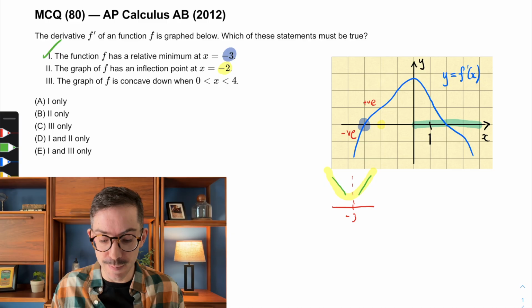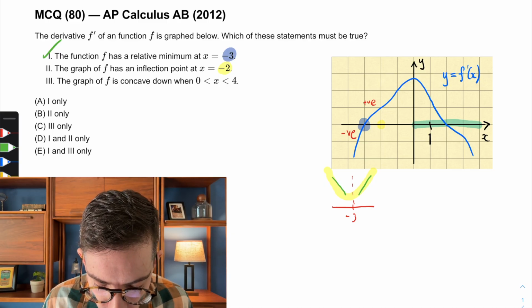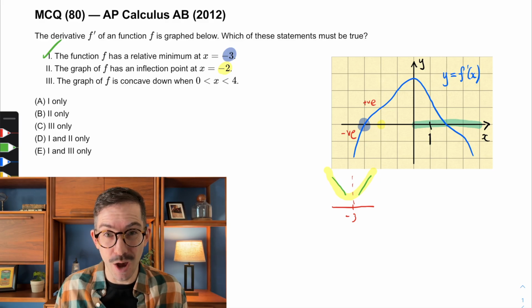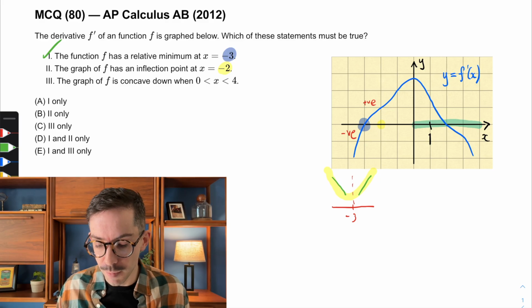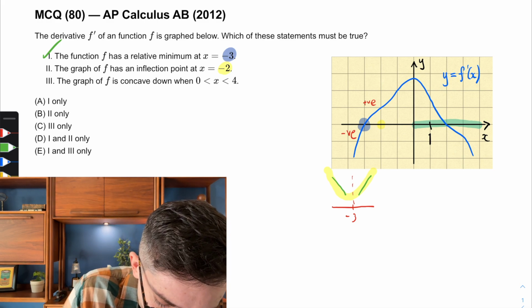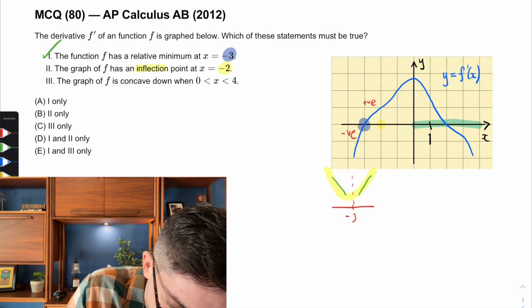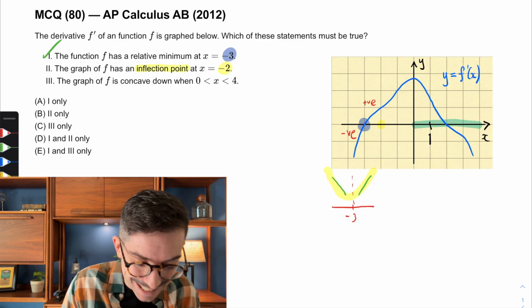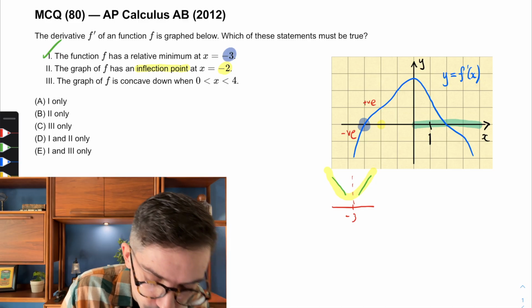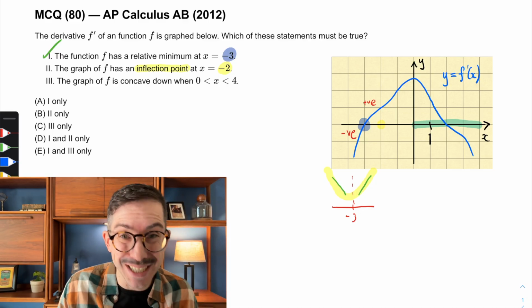Let's move on to the second statement. So we are looking for, is there an inflection point at x equals -2? And we need to deduce this from the graph of f prime. Well, an inflection point, hopefully we'll remember, occurs where concavity changes sign. So concavity changes sign at an inflection point. That's how we detect it.